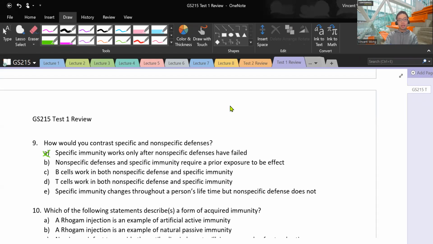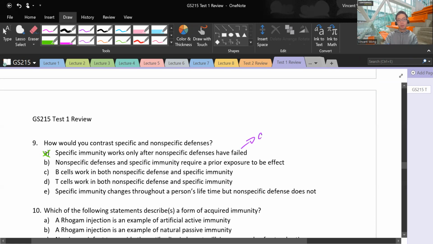A lot of times they actually can occur simultaneously, right? Parallel to each other. So that's not it. Non-specific defense and specific immunity require prior exposure to be effective. That's not true. Non-specific ones does not require prior exposure.